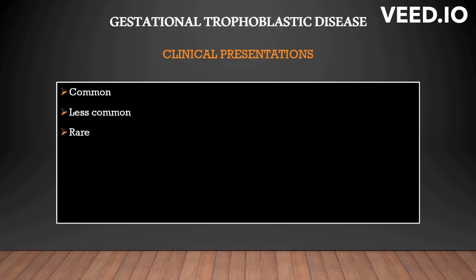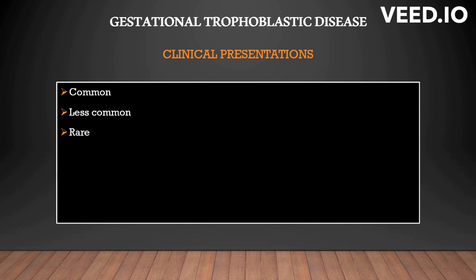Now, what are the clinical presentations of gestational trophoblastic disease? The most common presentation in patients with gestational trophoblastic disease is amenorrhea followed by vaginal bleeding. The second most common presentation is an incidental finding of molar pregnancy on ultrasound.